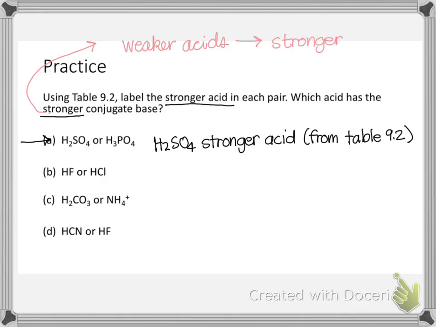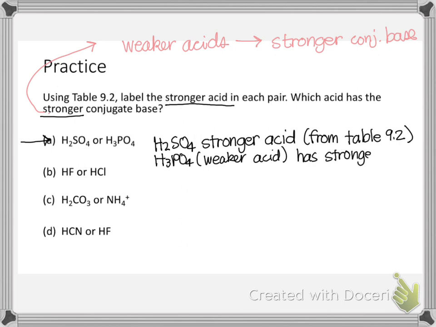Remember, they're opposite. So that means that the one with the stronger conjugate base must be the weaker acid. And so in this example, H3PO4, which is the weaker acid of the two here, has the stronger conjugate base. I'm just going to put CB here for conjugate base because I'm running out of space.